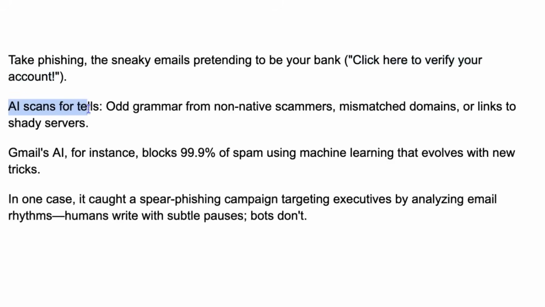Now, AI will scan for these types of tells, so odd grammar from non-native scammers, mismatched domains, or links to shady servers, if we're just talking about emails. Gmail's AI, for instance, blocks 99.9% of spam using machine learning that evolves with new tricks. And to their credit, I rarely, if ever, get an email in my Gmail account where I'm like, oh, this is phishing.